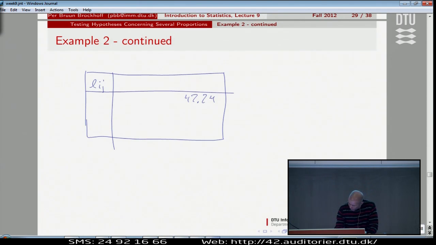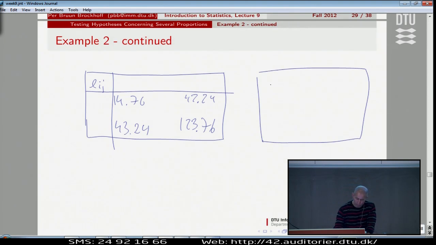42.24. I do this expected value business, 123.76. And these, the 14.76 and the 43.24, they were the 2 that I computed on the slide before, and here are the other 2. Then I have the observed table. I'm not going to write it again. I'm just going to remember that we have the observed table with the actual numbers.